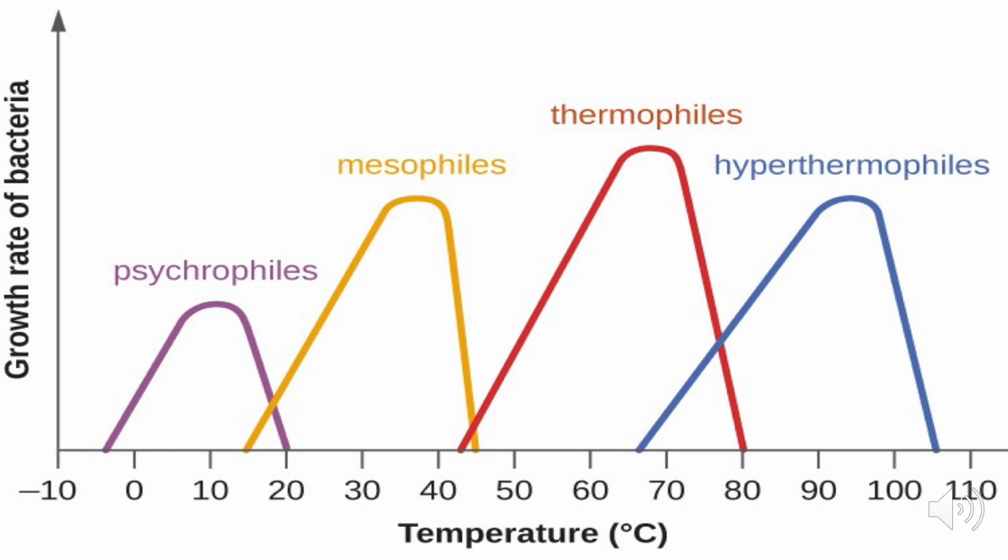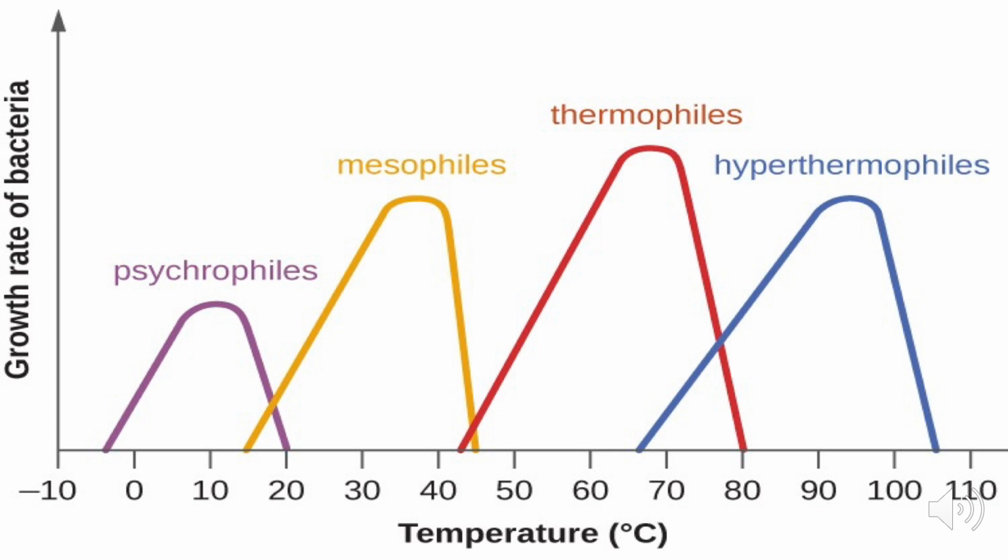Take a look at the growth curve of mesophiles. Can you appreciate that their growth will peak at 37 degrees Celsius? And that is our body temperature. So every time bacteria enter our body, the temperature inside will be optimum for them to replicate.